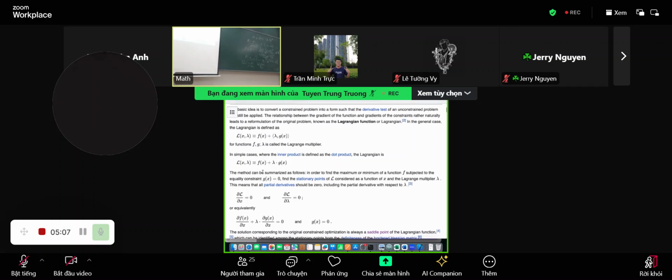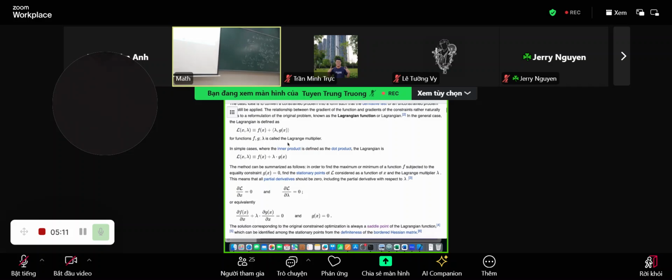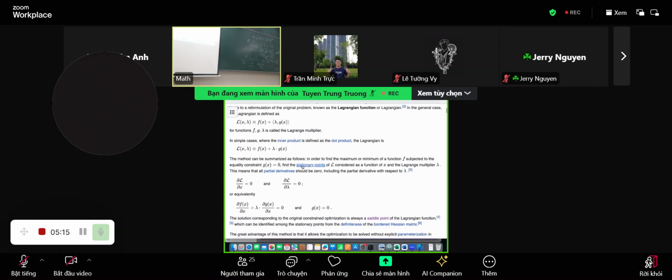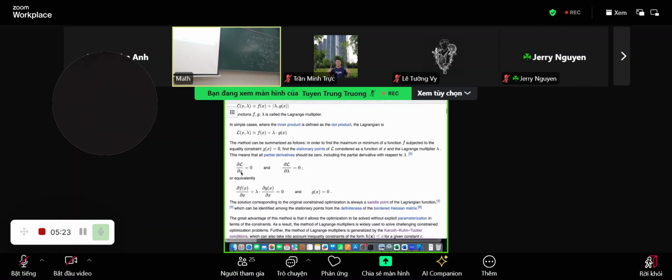And then the claim is that if you have a minimum for this function f(x) with this constraint, then for this new function L(x, lambda), your x will satisfy the partial derivative of L with respect to x equals 0 and the partial derivative of L with respect to lambda equals 0. So basically, x and lambda will be critical points for the new function.